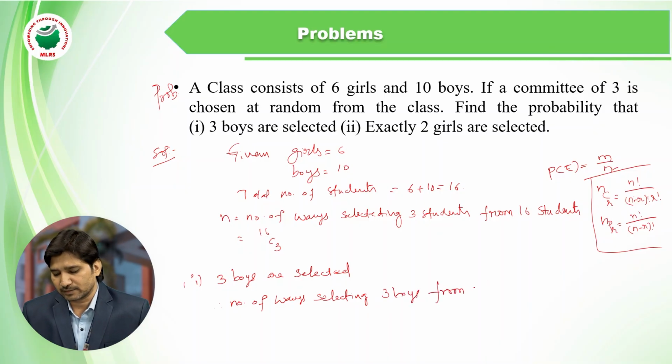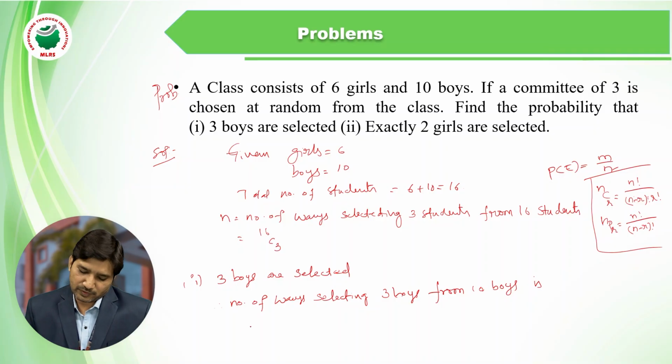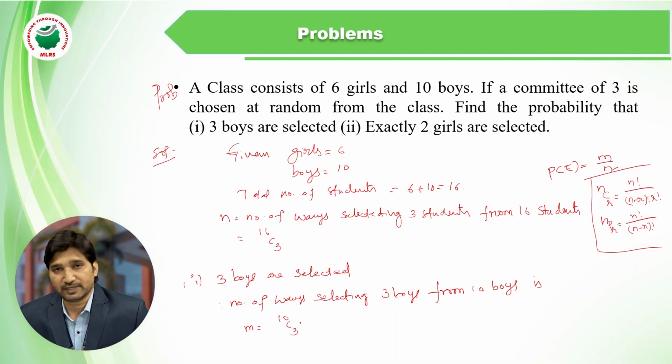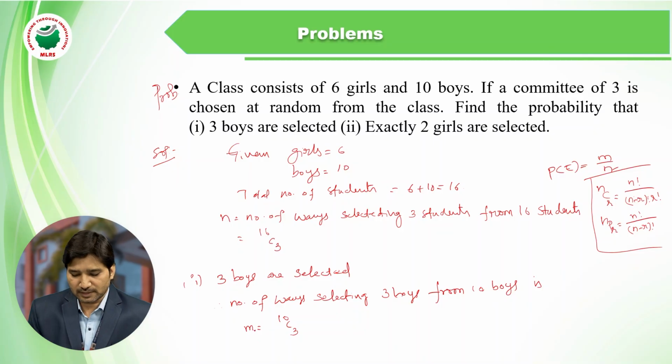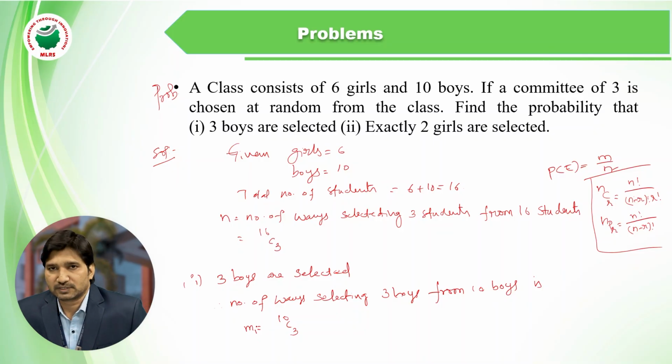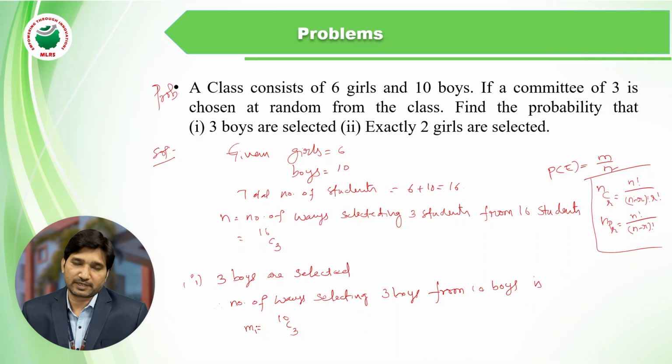Total boys are 10. Out of 10 boys selecting 3, m equals 10C3 ways. This we can take as M1, the first case.